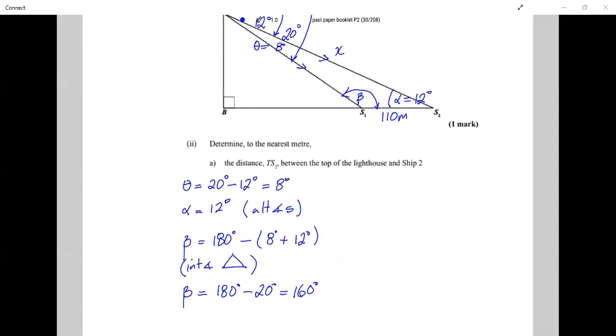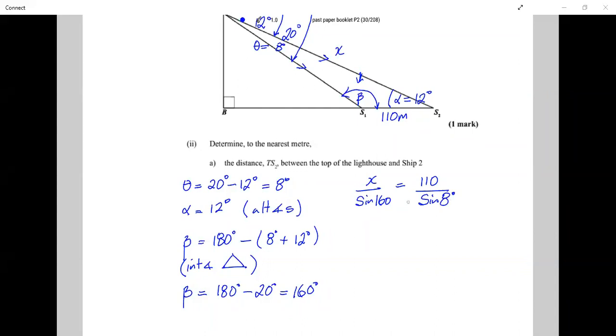I'm going to say x over the sine of the angle opposite to x. The angle opposite to x is what? Beta. So it's the sine of 160 is equal to 110 meters, which is the side I know, over the sine of the angle opposite to that side, which is 8 degrees.